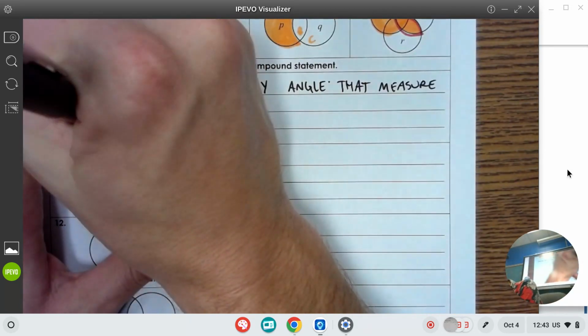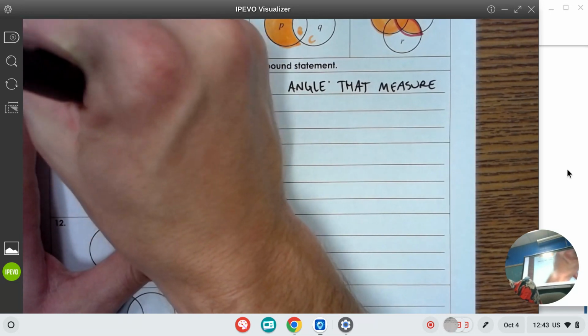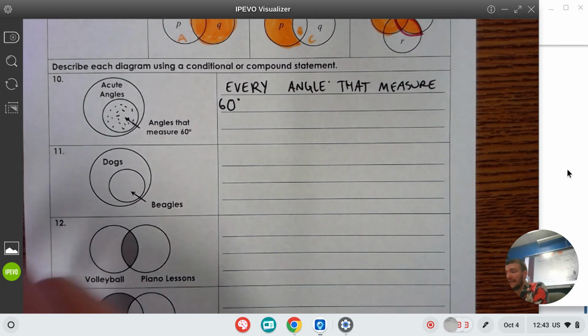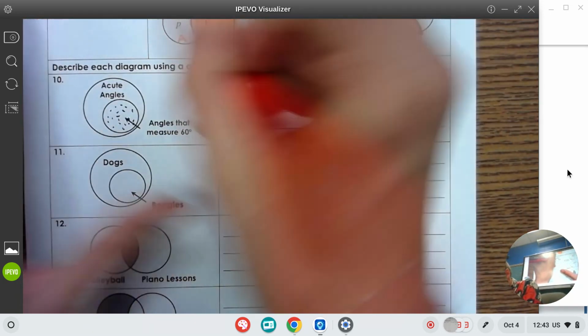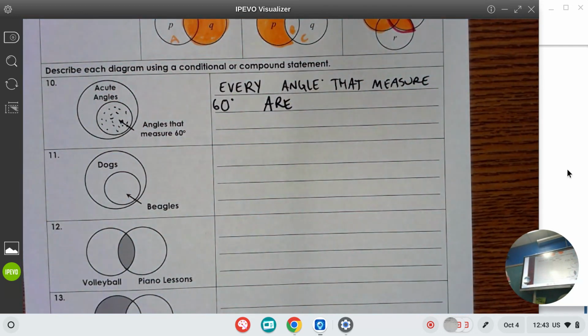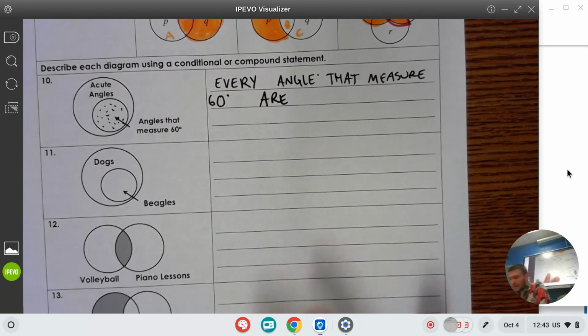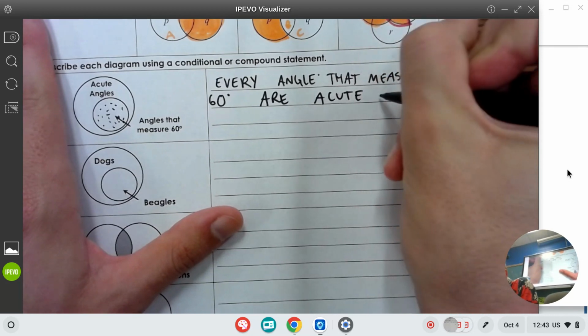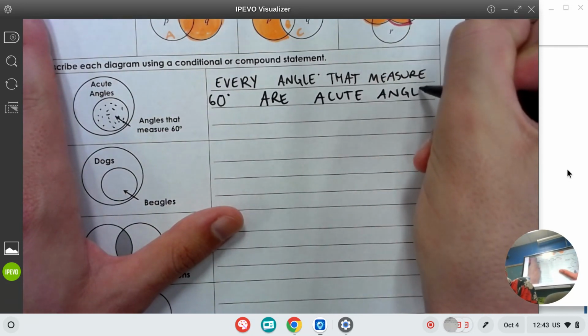What do we know about all these angles that measure 60 inside this small circle? They're also in the big circle. So we've got that. Every angle inside 60 are acute angles.